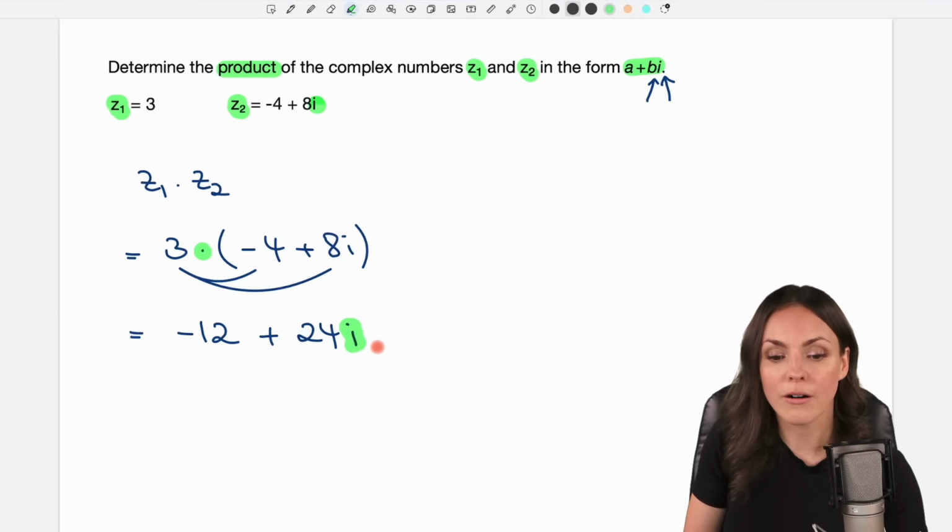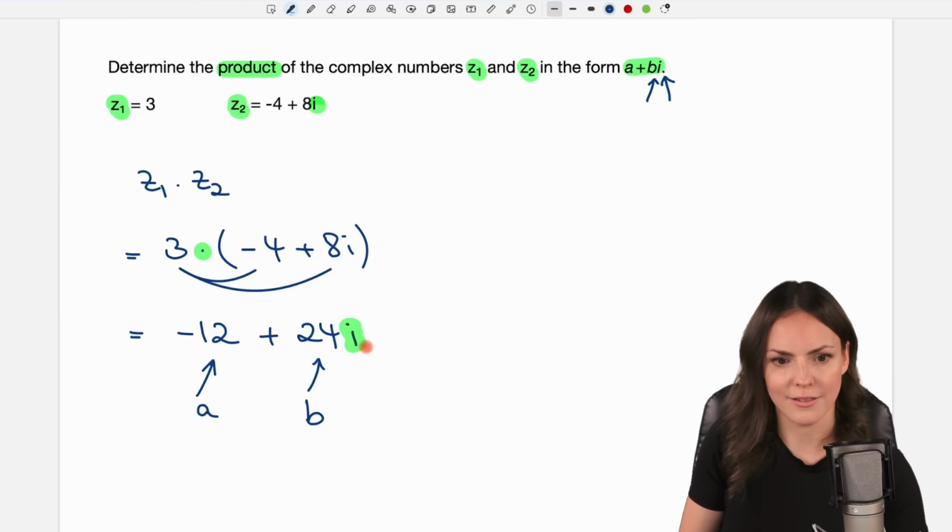We have a part with our i in here. We have a number here that is our a. So if we compare it, then we have this plus, and the b is our 24, and then we have the i. So this is already the result. We just multiplied these two numbers and simplified a little bit, and then we already have our product here.